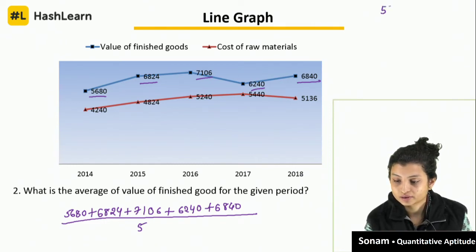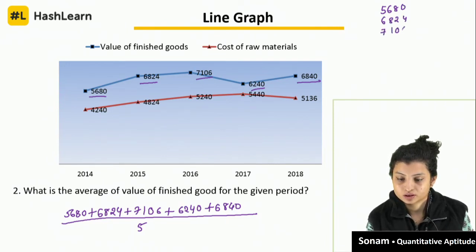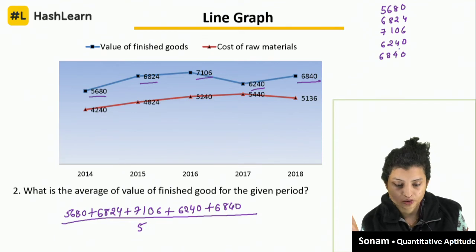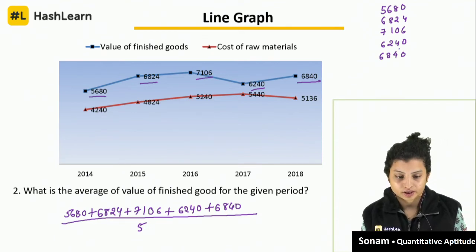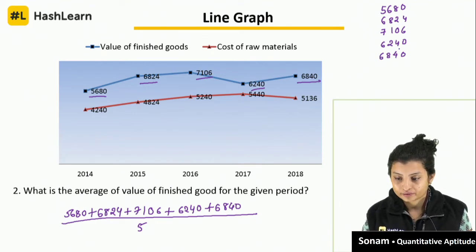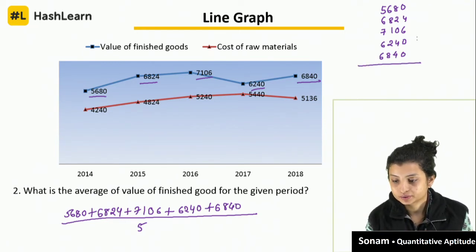So I need to add 5680 plus 6824 plus 7106 plus 6240 plus 6840. Let me quickly check whether I have written all the numbers correctly or not. Yes, I have written all the numbers correctly. Okay, let's add it. 4 plus 6, 10, I will get 1 here.